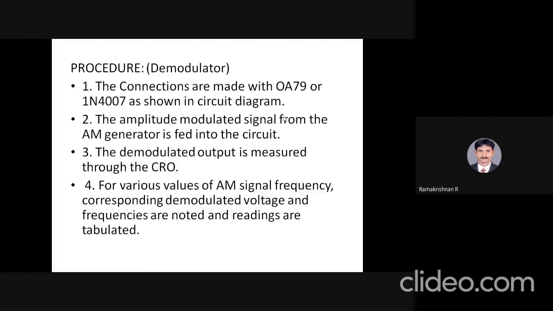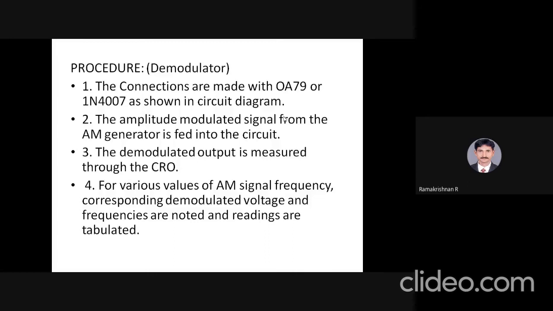For the signal generation, the connection has to be given: P1 is connected to P5, P9 is connected to P3, P1 is connected to P13, P2 is connected to P14, and from the modulator P15 is connected to the CRO, and P16 is connected to another channel of the CRO.